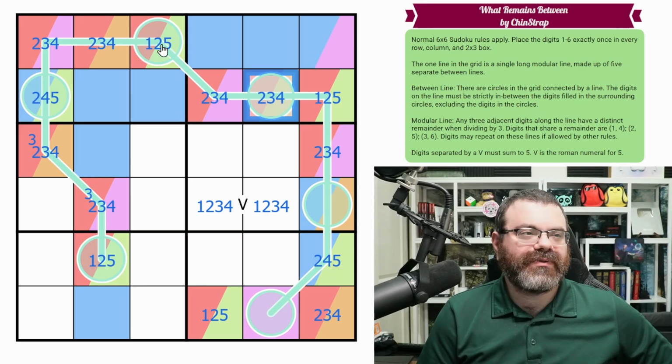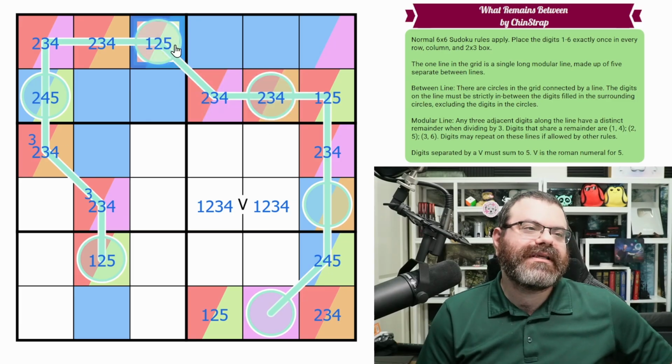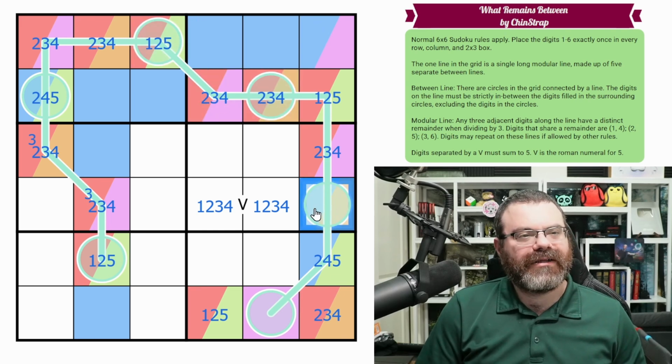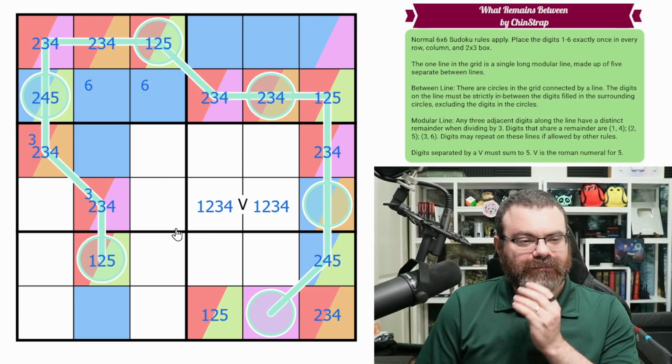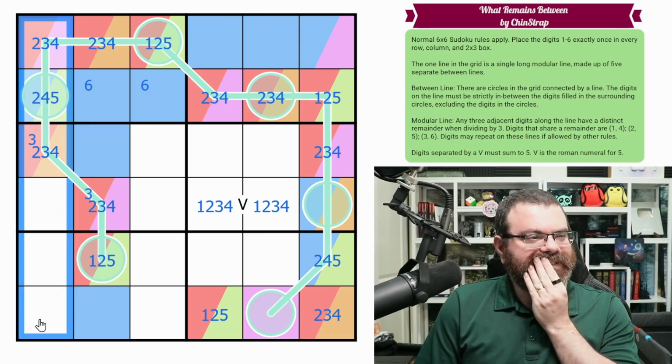So this would be 2. That would be 3. Unfortunately, it's kind of working out. But these only have 1 in between them, which is kind of my issue. So we know 6 is one of these two. 6 in this column.